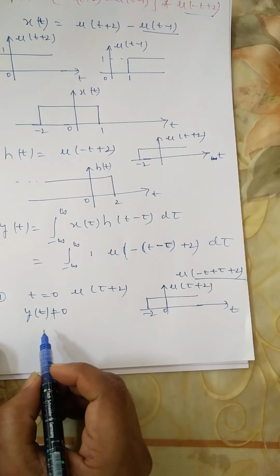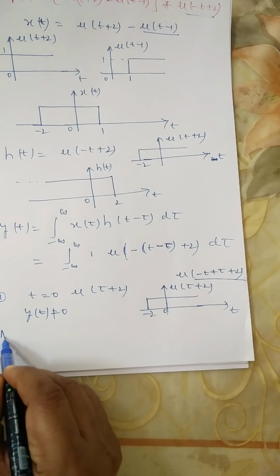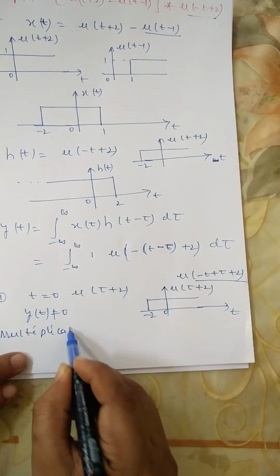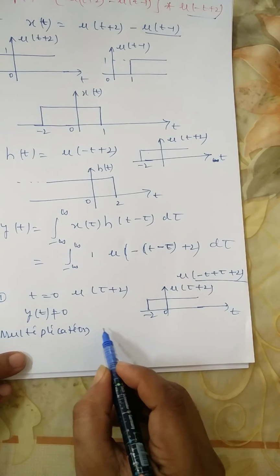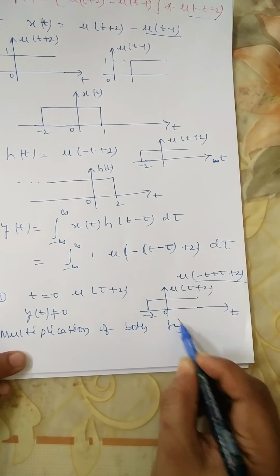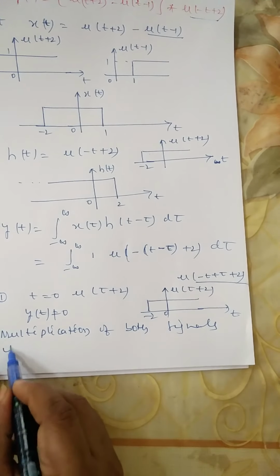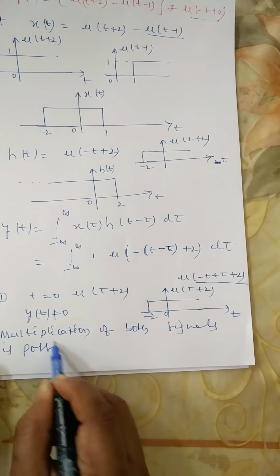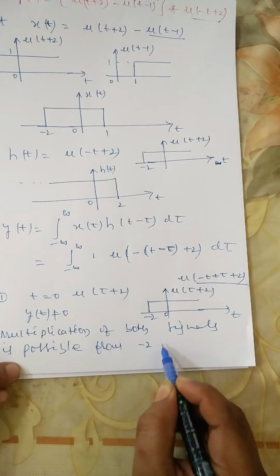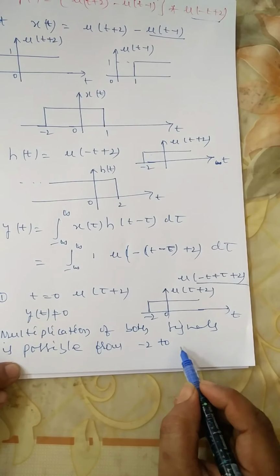Multiplication of both signals is possible from minus 2 to plus 1.